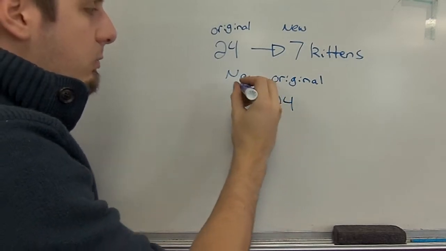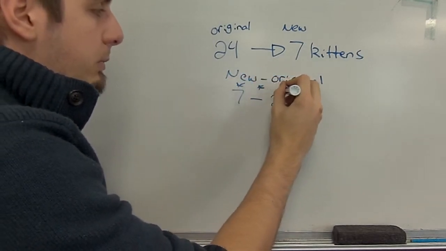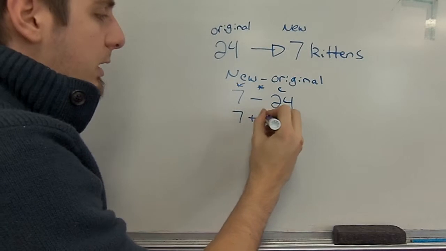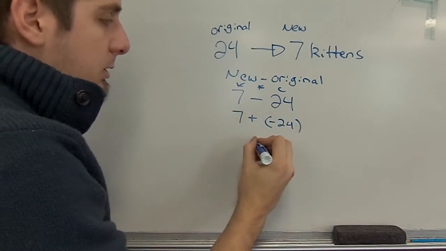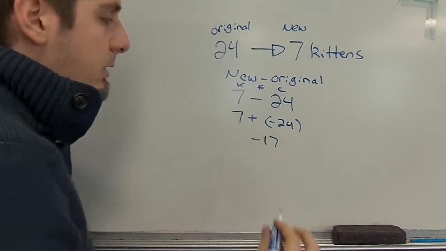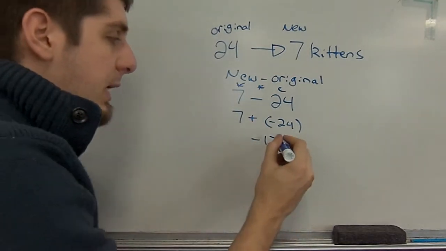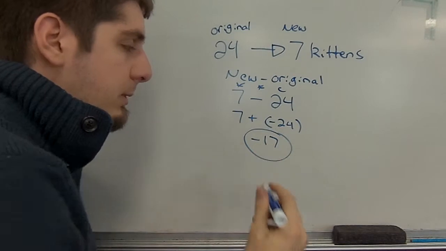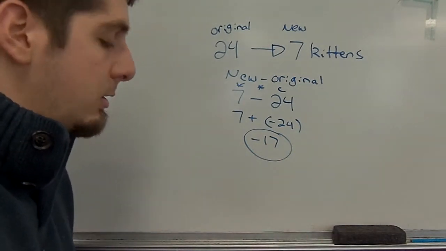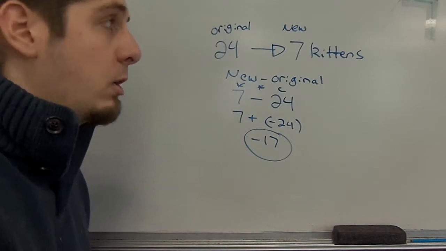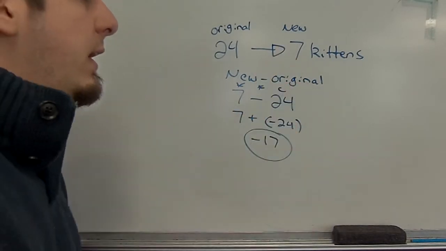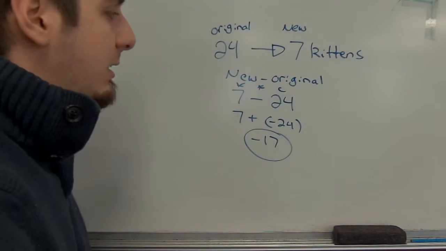Anytime you see subtraction, we always keep, flip, change, KFC. 7 plus negative 24, which gets me an answer of negative 17. Because my answer is negative, I'm going to have a percentage of decrease because I have less kittens than what I started with. I started with 24, I ended with 7.